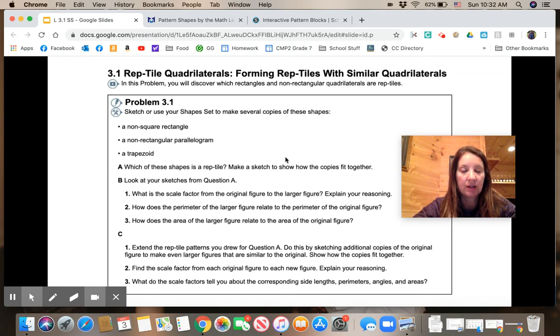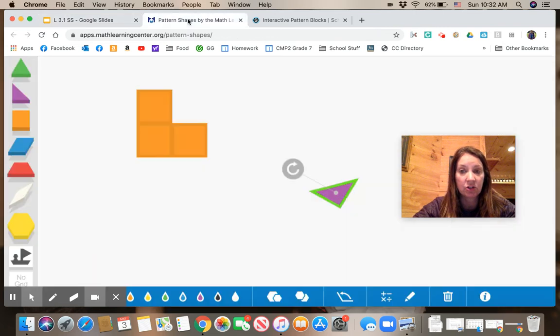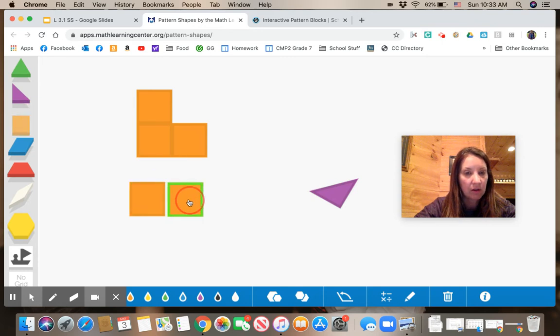So what is a non-square rectangle? It's what we would traditionally call a rectangle, right? Looks like there is not a non-square rectangle here, but maybe you could make one using two oranges. And it looks like you might be able to change the color here. So I could change it, and that would help me know I'm making a larger rectangle.